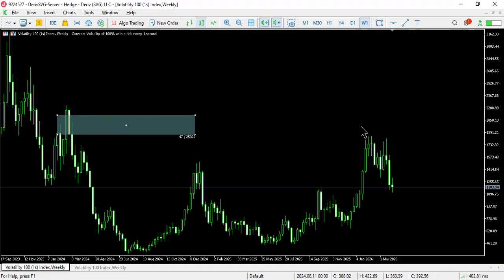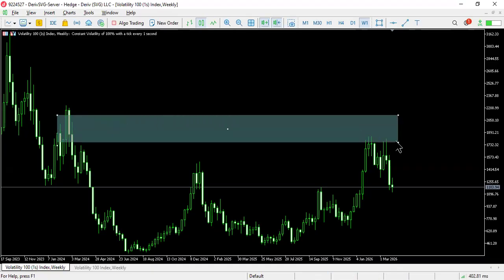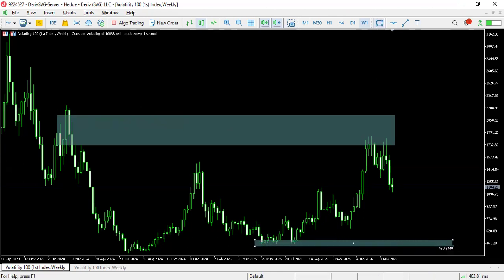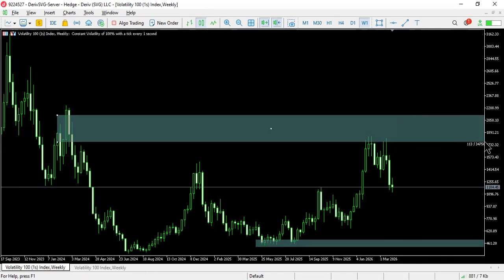So we have our supply zone right there, where price has just stepped in. And then down here, we have our demand zone.